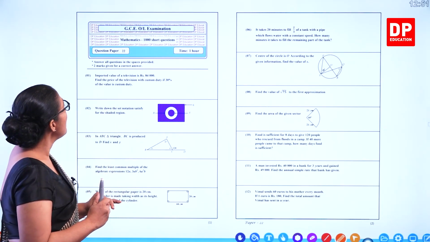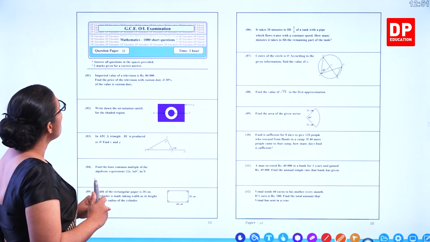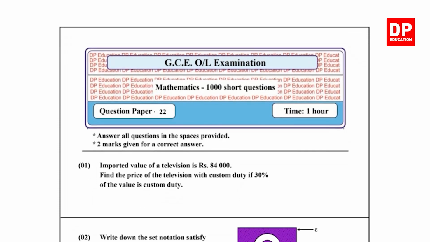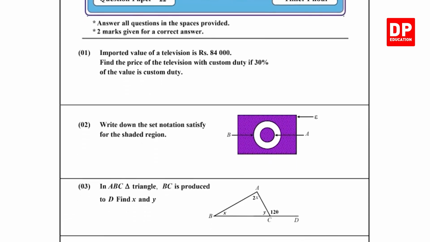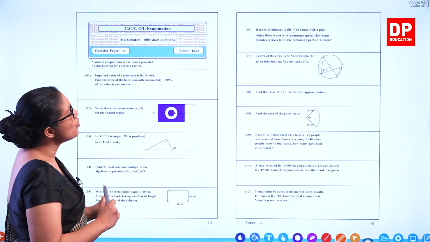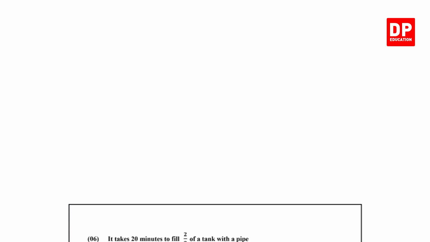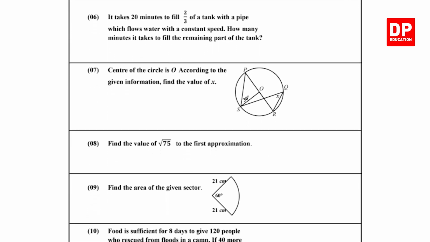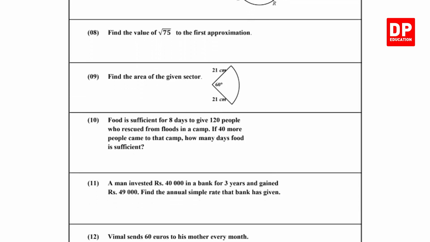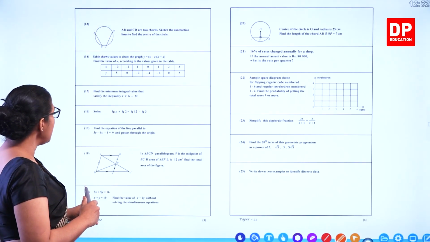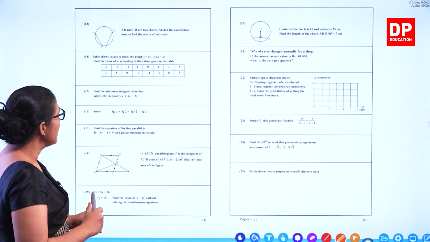In this paper, on page number 1, you get question number 1 to 5. On page number 2, you get 6 to 12. On the third page, you get 13 to 19.